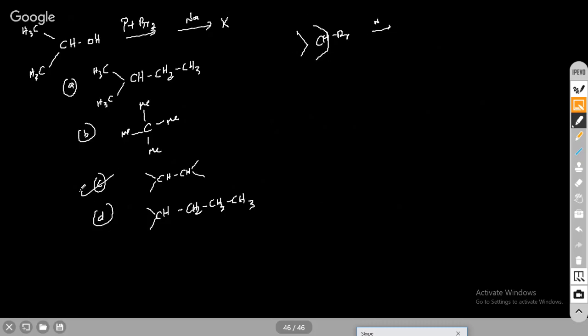This is the answer. Like I told you, in organic chemistry, whether you know a reaction or not, the options will give you the idea of what the answer could be. That's why when I don't give you an option, you feel you cannot understand what the product should be.